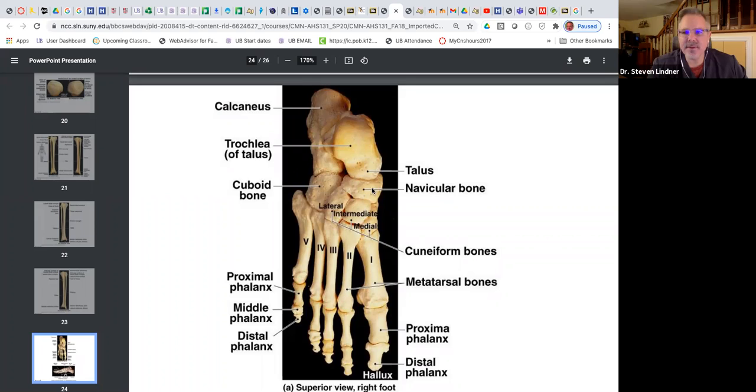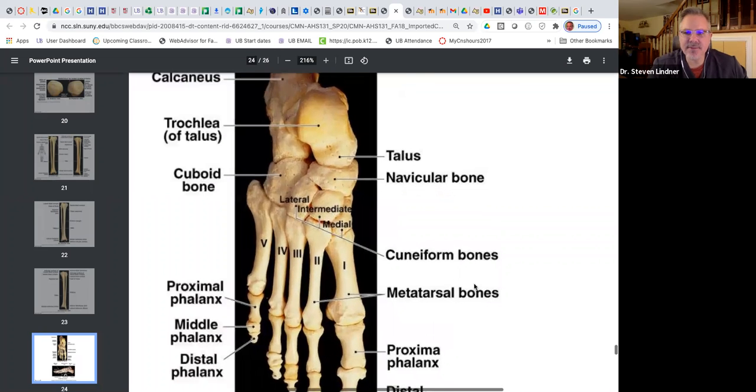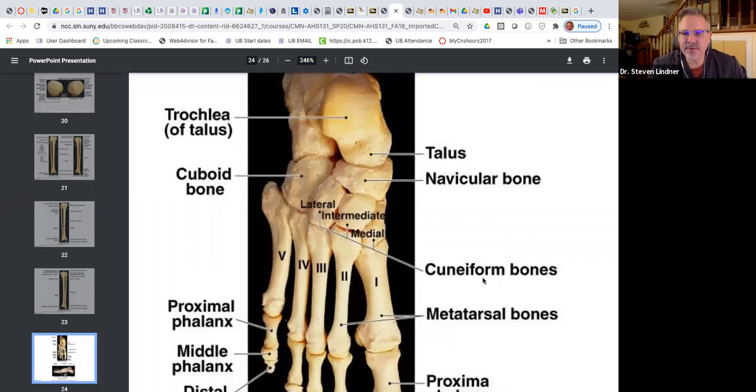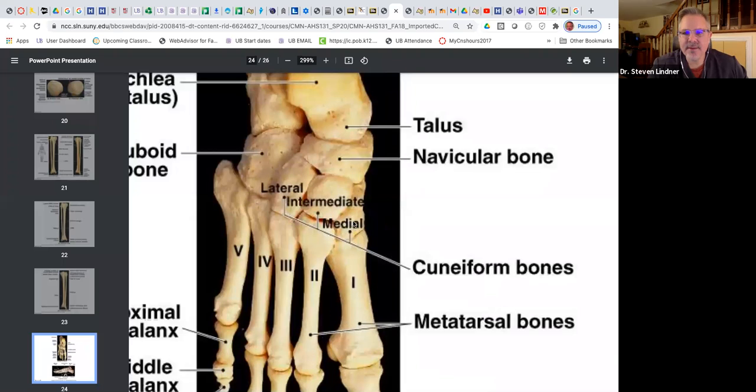They call it the keystone bone because it actually attaches to all of the other tarsal bones. Okay, the navicular bone articulates with all the other tarsal bones. Anterior to the navicular bone are 3 cuneiforms. You can see cuneiform bones right here. There's 1, 2, 3.